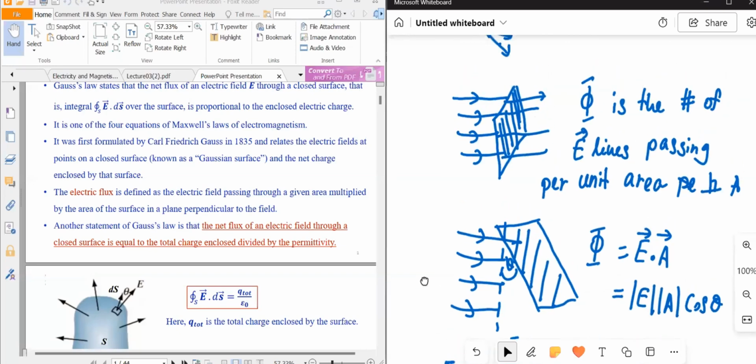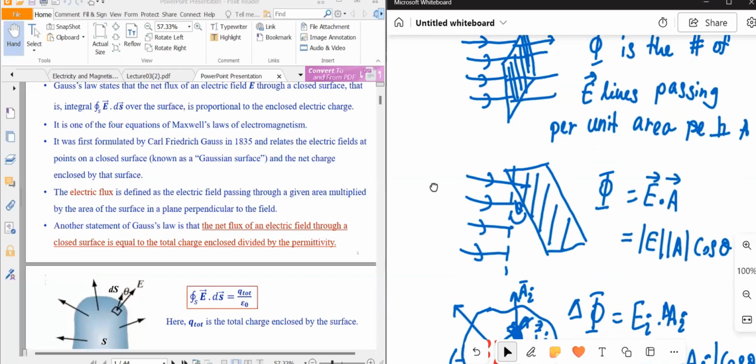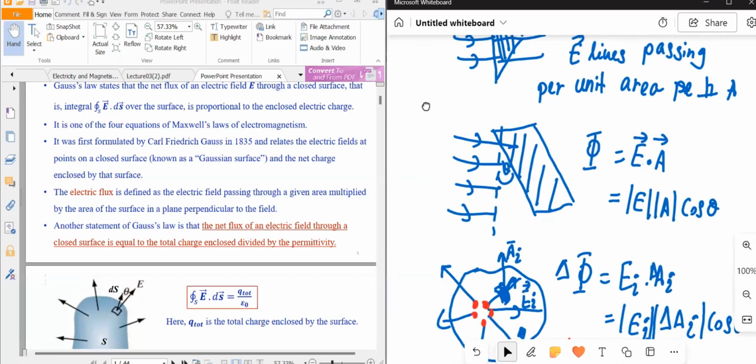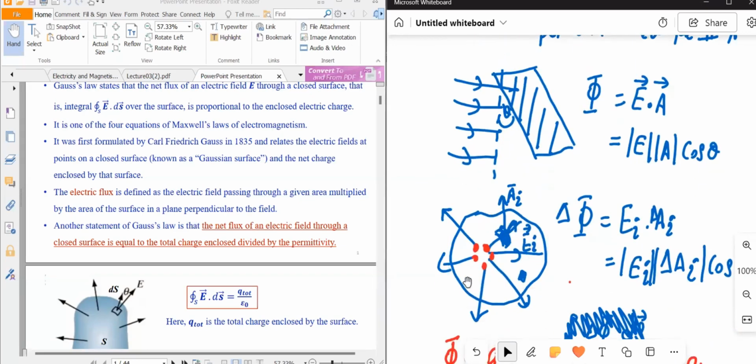We discussed what the flux is, and if the area that we are considering is not perpendicular to the electric field, then how can we calculate the flux? That is E dot A. Then I considered an enclosed surface.